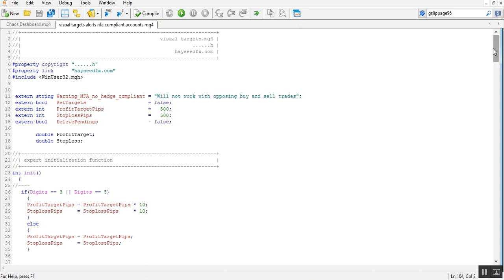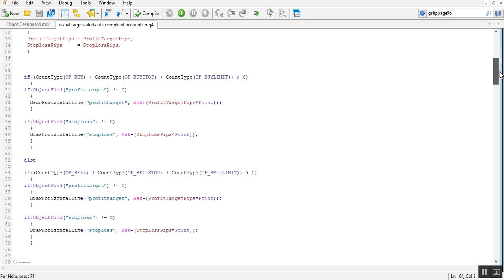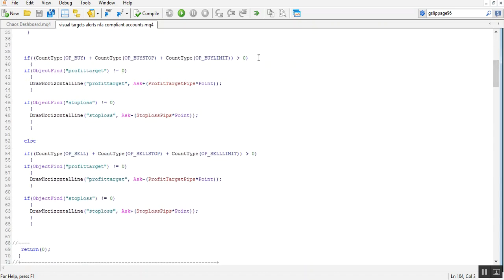That's typical. And here's the things that will remove it. This is just if the count by and count by stop. No, I'm sorry. This is what makes the lines. This draws your horizontal lines.